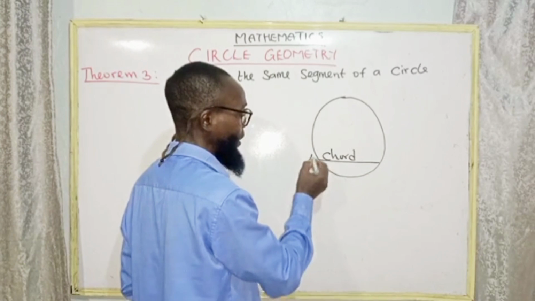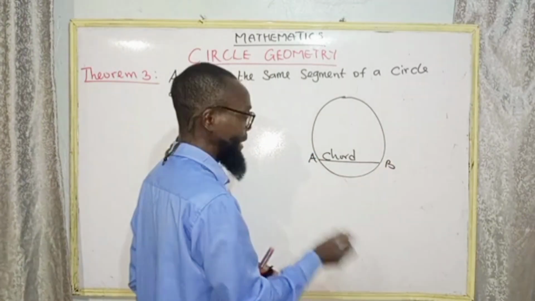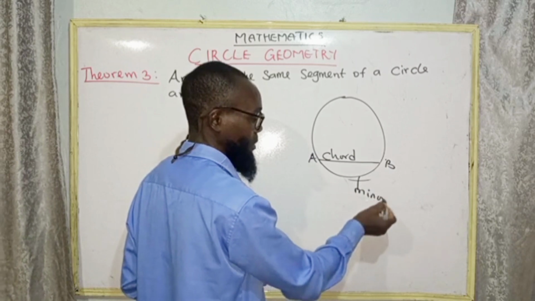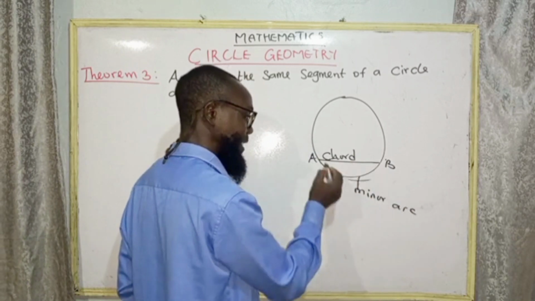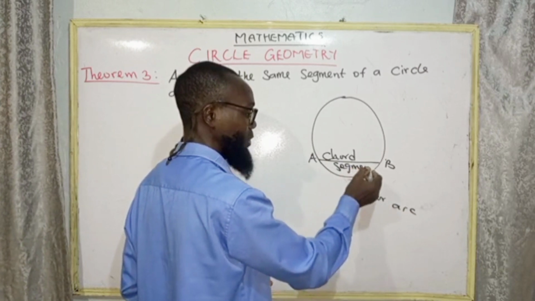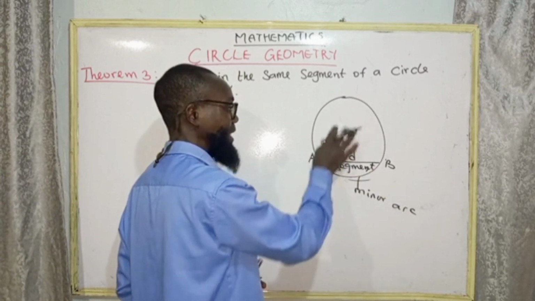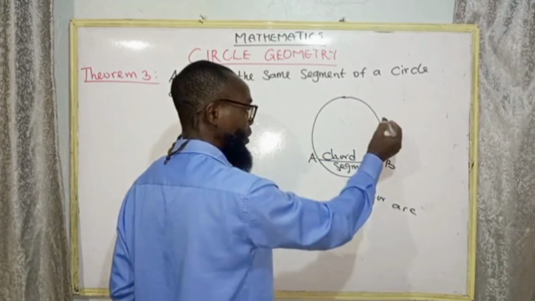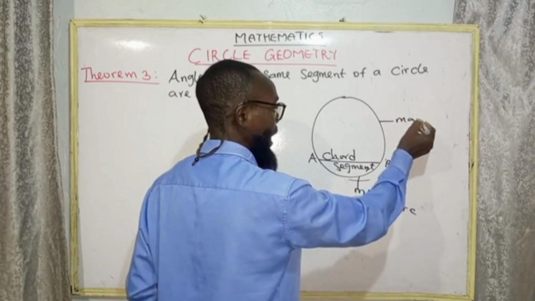When we say we have A and B, the distance from A to B is called a minor arc, while the inside of this is the minor segment, as we've discussed. The inside of this larger one is called the major segment, and the outside here is called the major arc.